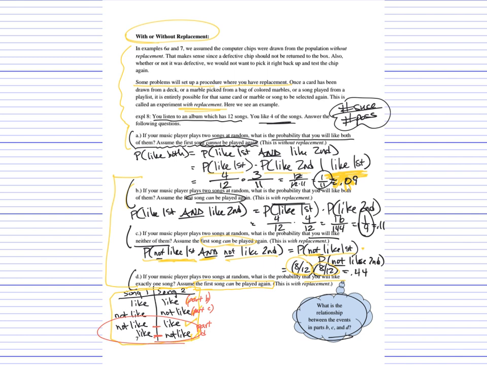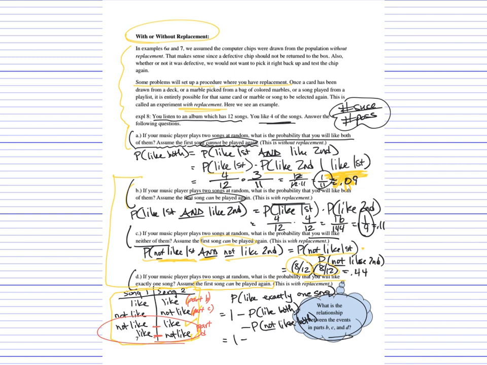So I want to know those probabilities. Well, wait. I know the sum of the probabilities of each and every one of these four things happening is equal to 1, right? So shouldn't I be able to take the probability that I like exactly one song and make it equal to 1 minus the probability that I like both minus the probability that I not like both?